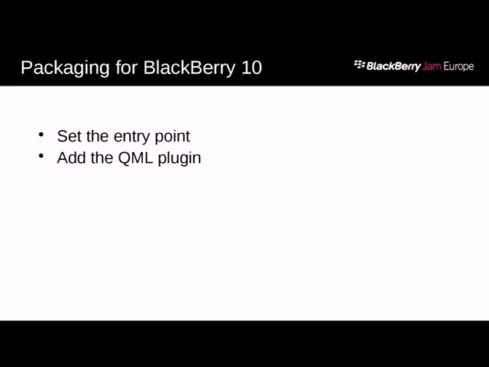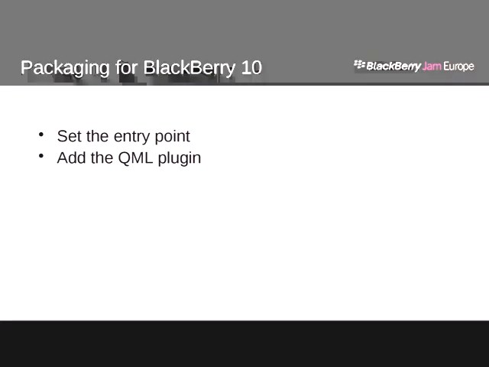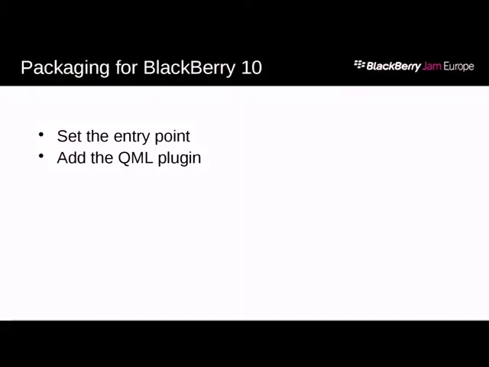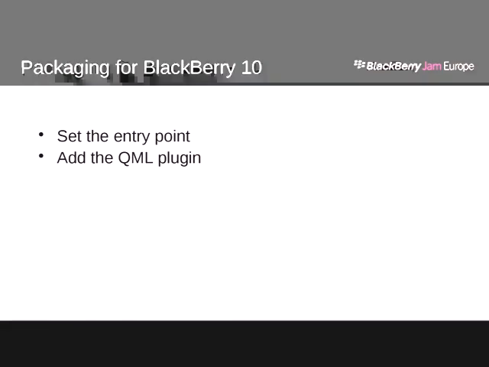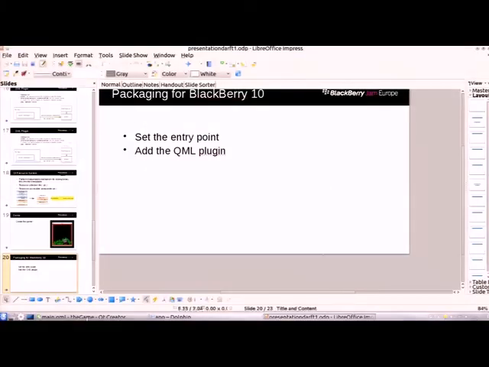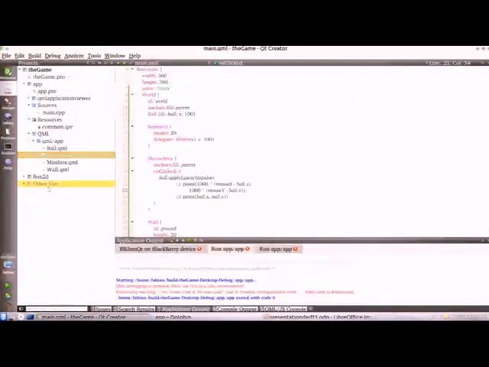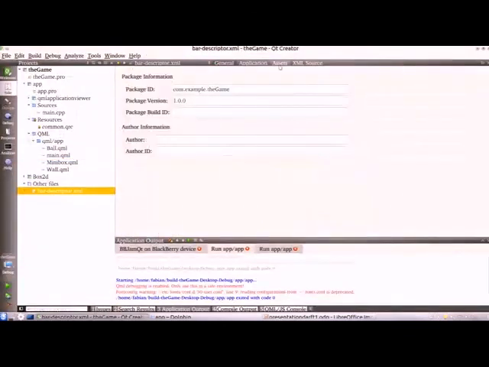Thank you, Fabian. So actually, this is the easiest part. You just need to open your bar descriptor and modify the entry point, and also add the QML plugin or the import folder where you put your QML there and the library. So if I open my bar descriptor, I just go to assets.